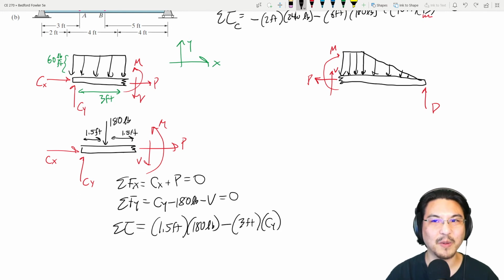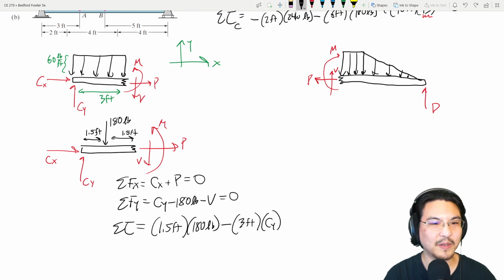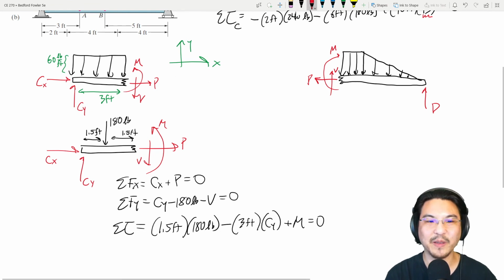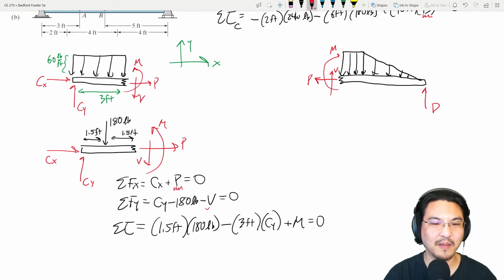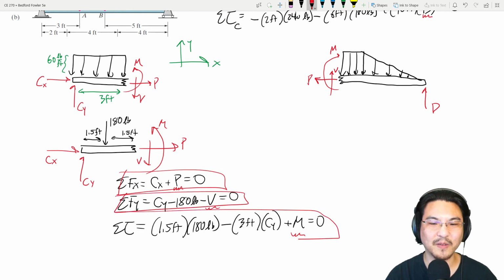We know this from above. And then what else? And then this couple, the bending moment. Okay, so then let me point out the unknowns here, here, here. And there we go. Solve for the axial force, solve for the shear force, solve for the bending moment.